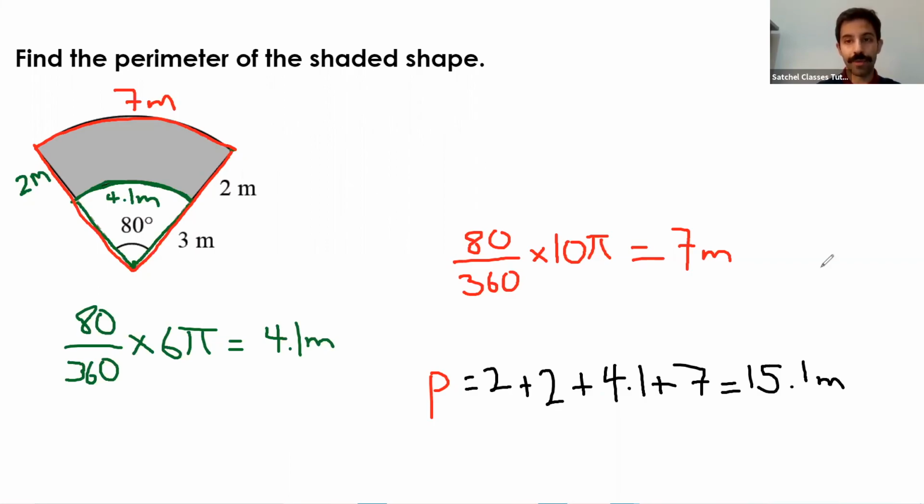Right, I hope you enjoyed that, and I hope you found that useful. Just to do a quick recap, to find the circumference, we multiply the diameter with pi. Remember, the relationship between the circumference and the diameter is 3 to 1. So the circumference is 3 times, or just over 3 times, the diameter.